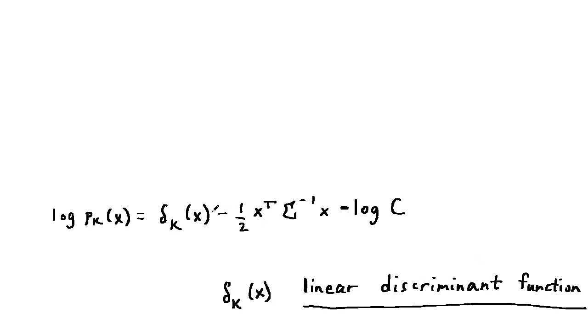Now, maximizing log of p sub k of x is the same as maximizing delta sub k of x, the linear discriminant function, since this part here does not depend on k. So maximizing log of p sub k of x is the same as maximizing delta sub k of x.